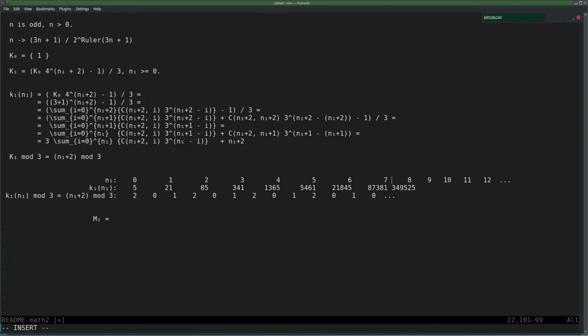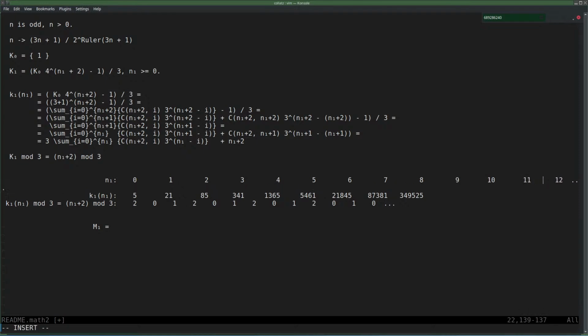Now I made so much space I can even continue. Okay, let's make it one less.